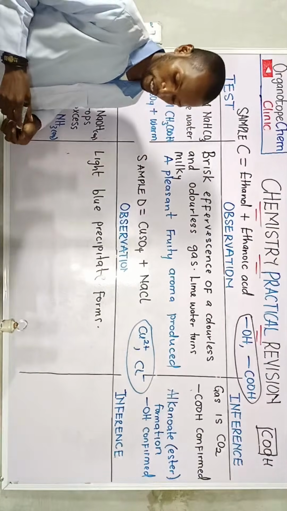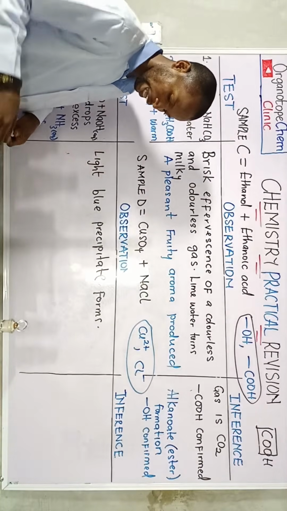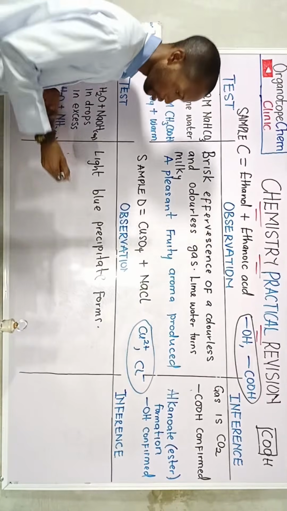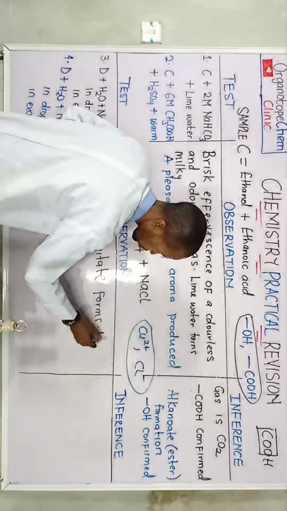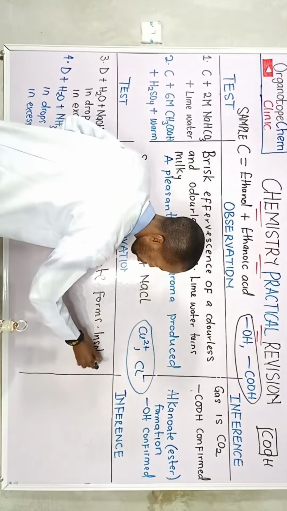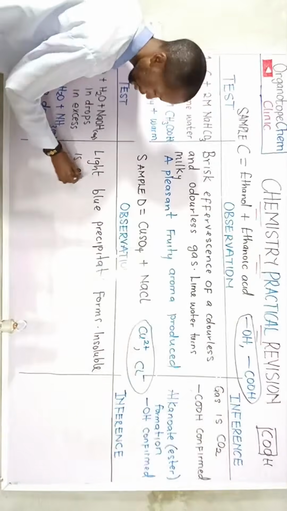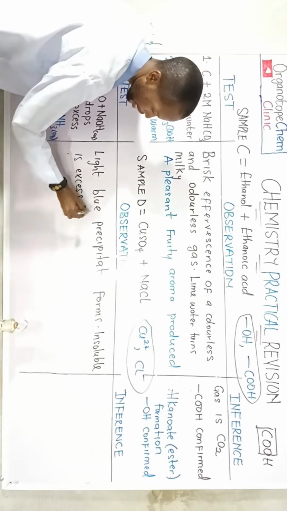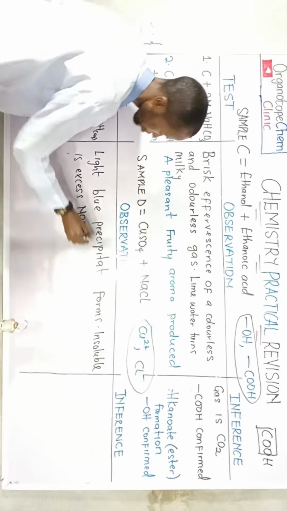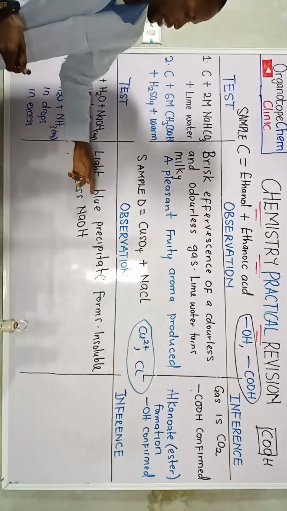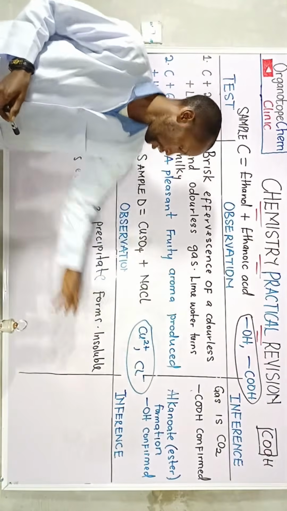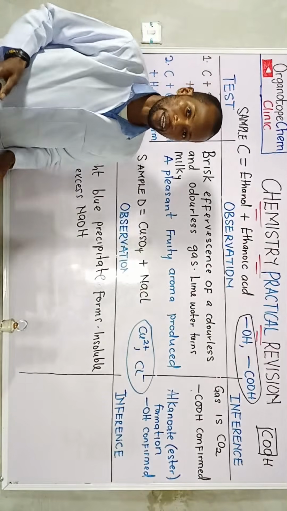Now, what happened when it was added in excess? It was insoluble. Insoluble in excess what? Sodium hydroxide. So we have light blue precipitate forms, insoluble in excess sodium hydroxide.